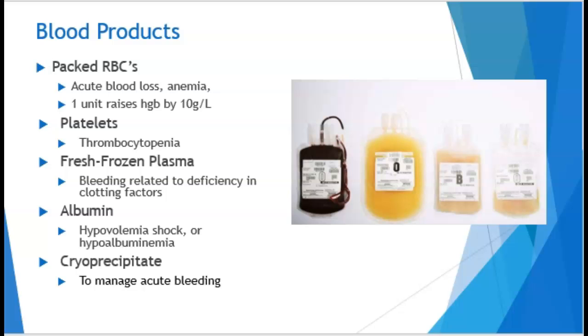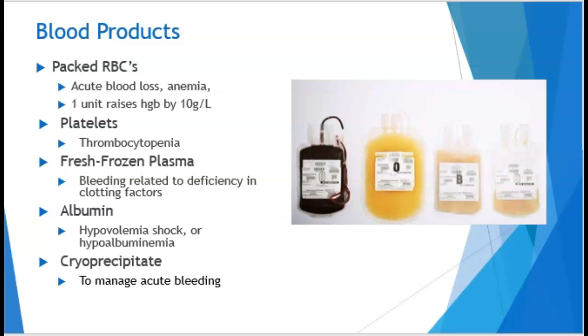And they pack the cells by using a centrifuge, so it separates the red blood cells from the plasma and the other cellular elements. The advantage of using a packed red blood cell is that we can give them the oxygen carrying capacity of a cell without the fluid overload that could cause some cardiac problems.